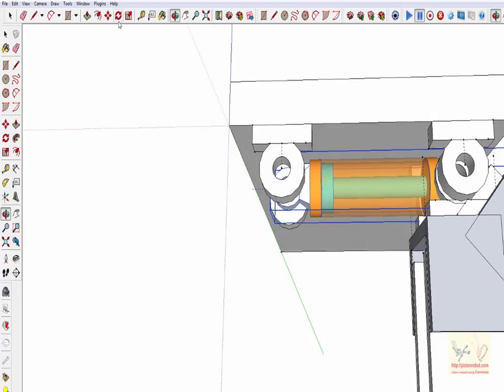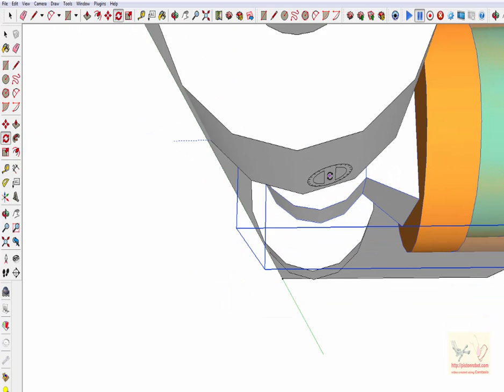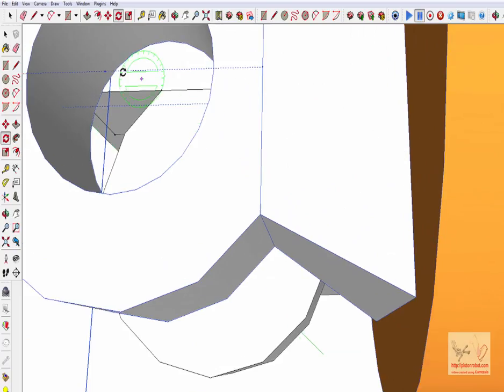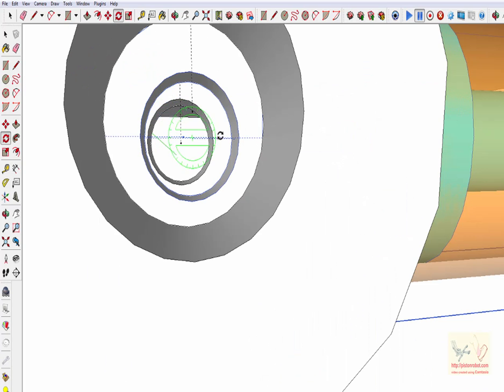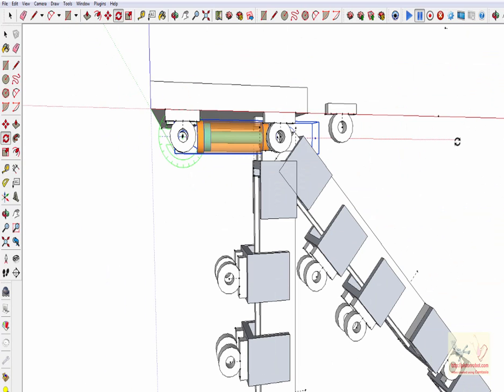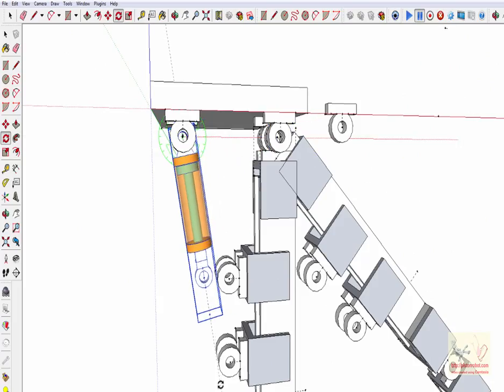So now we want to bring the hydraulic cylinder down, and so now we want to rotate the hydraulic cylinder down around its axis to about where we felt the maximum degree of flexion of this hip could be.